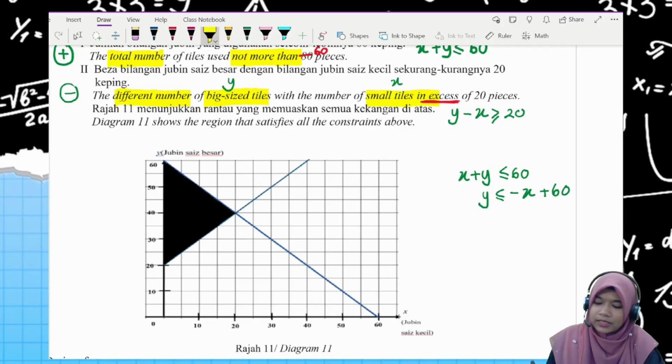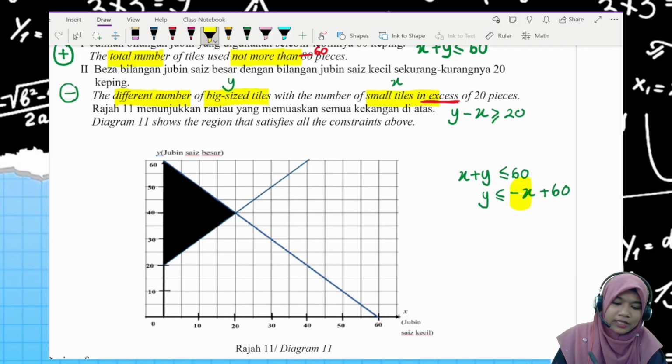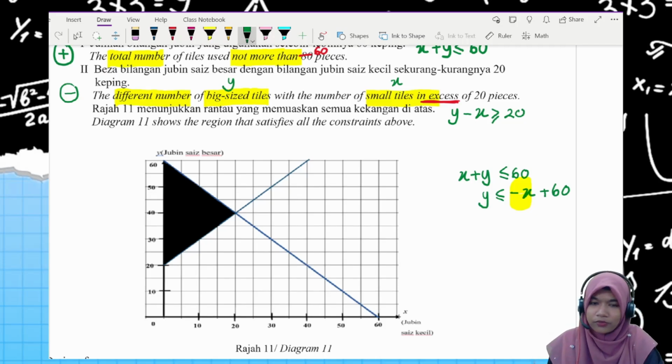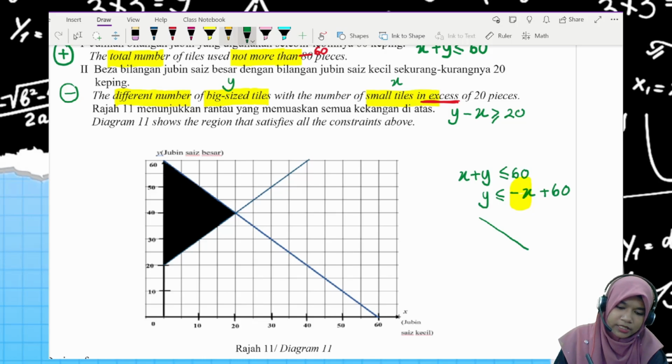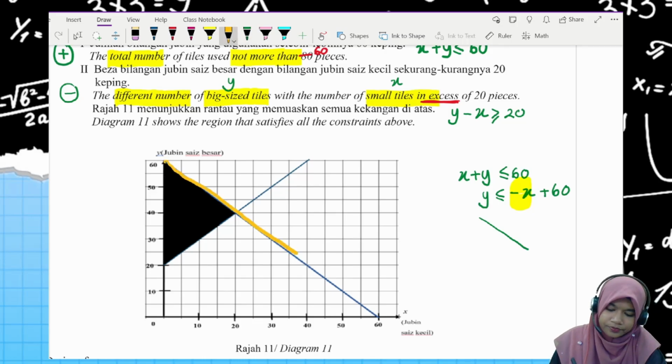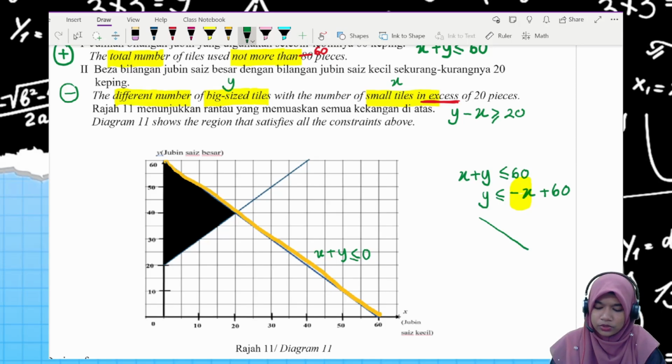Look at the gradient, negative x. Negative means that the slope of this graph is a negative gradient, downwards. So which one is downwards? This one. So this one refers to x plus y less than or equals to 60.